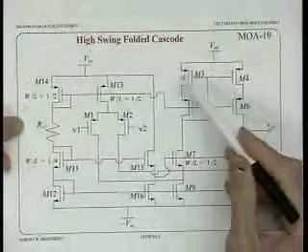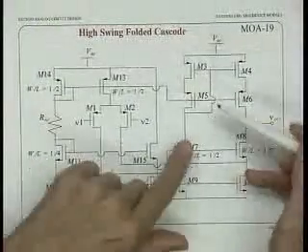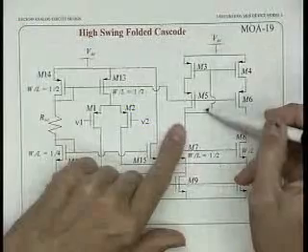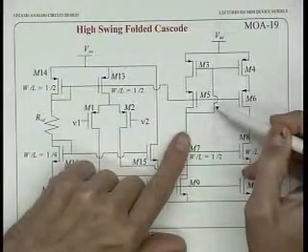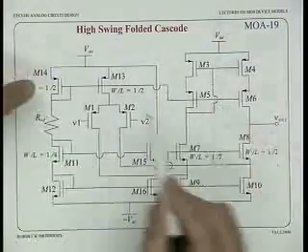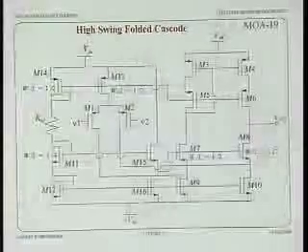Here is a way to do the high swing of M3 and M5. Okay? So what we do here is a different strategy than we used here. So we're making this a high swing circuit.